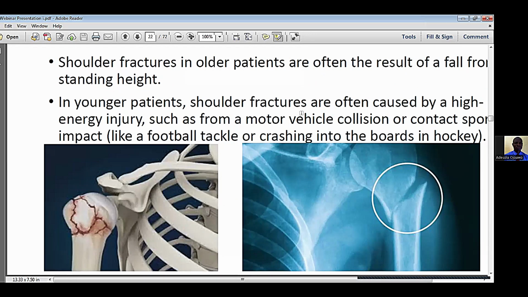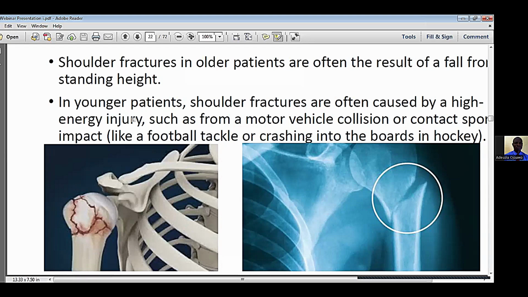In young patients, shoulder fractures are often caused by a high energy injury. Somebody falling from a height and landing on the shoulder joint can result in breaking. Maybe somebody is playing football and has a very heavy tackle and falls down, it can result in injury.